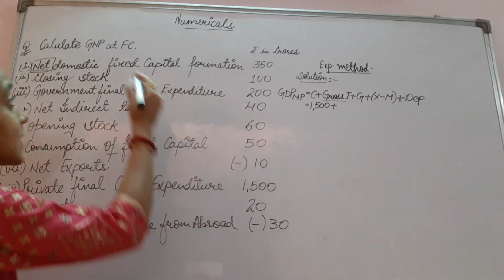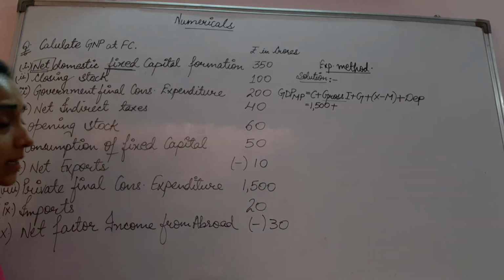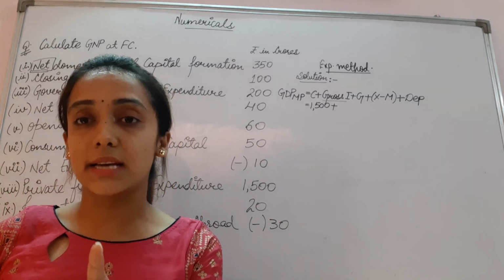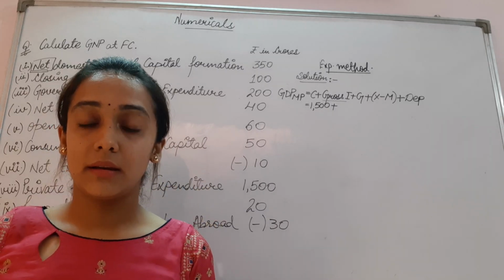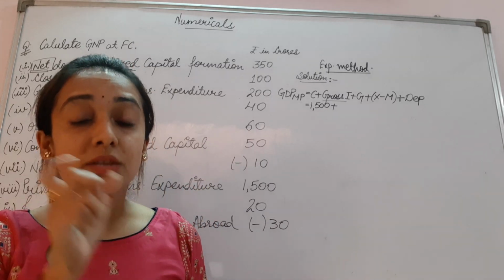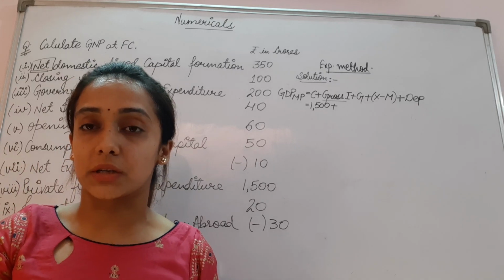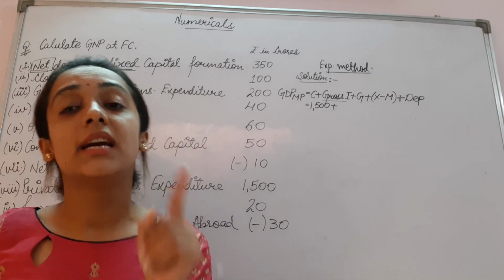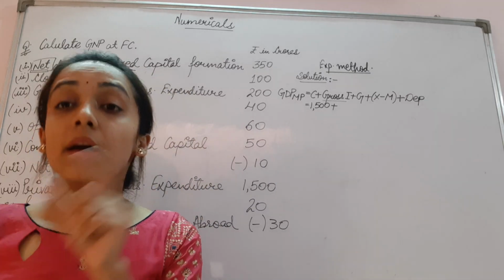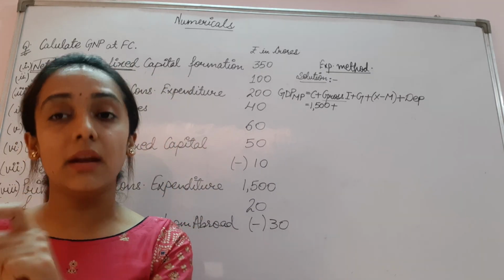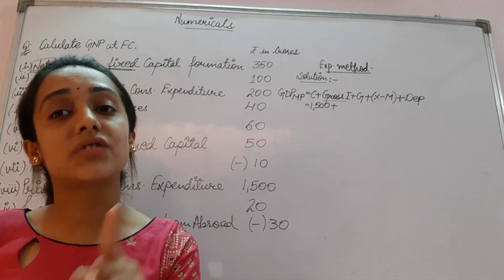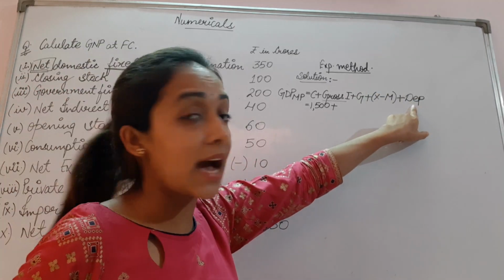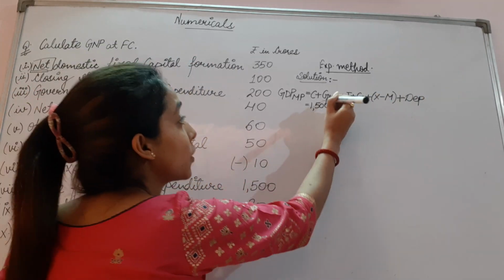Now it is given fixed. Whenever the word fixed is given in the question, like gross domestic fixed capital formation, to make it gross domestic capital formation, what do we add? Change in stock. To convert from net to gross, we have already added depreciation, because we need gross I.